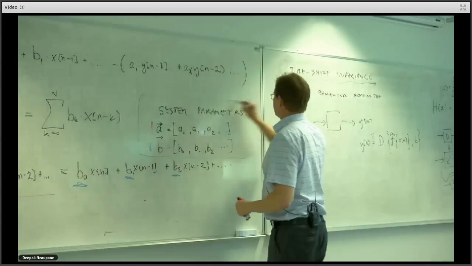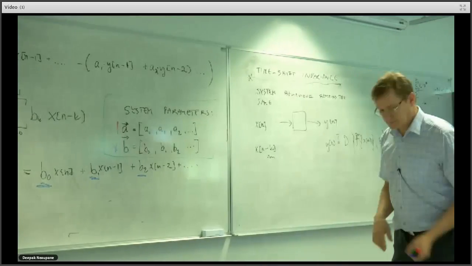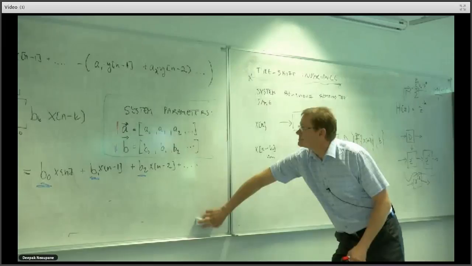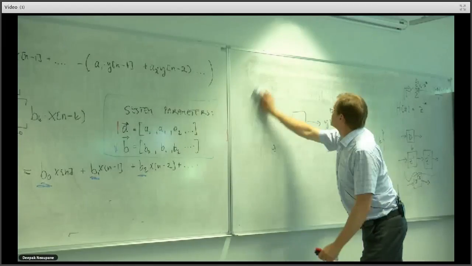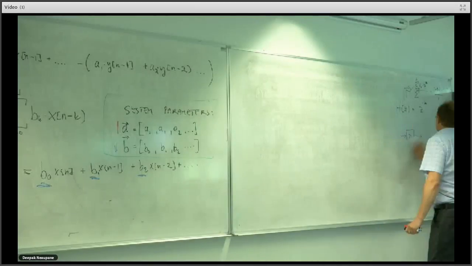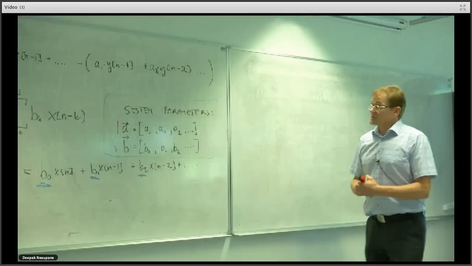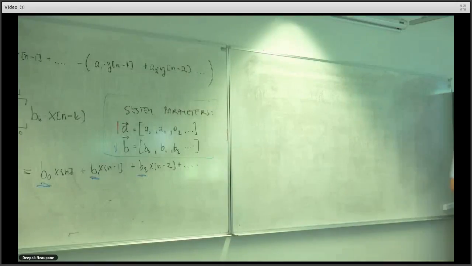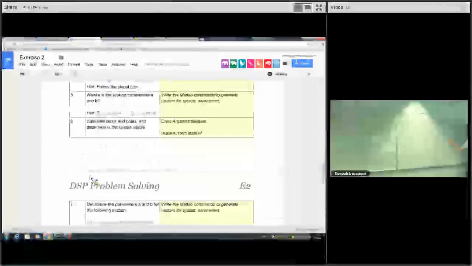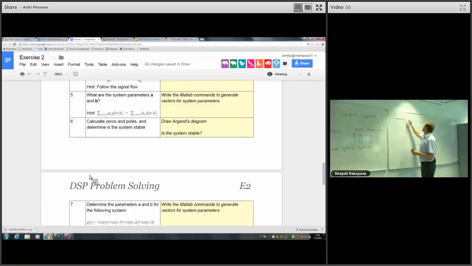The system parameters also define the transfer function, and since it also defines the transfer function, we can calculate the zeros and poles.